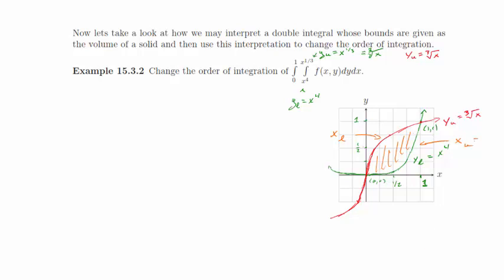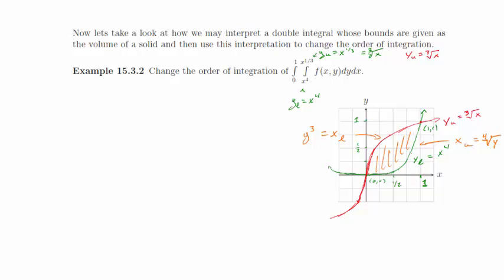And to do that, we solve for x in these, and so the red line was y equals cube root of x. That's the same thing as x equals y cubed. And for this one, y equals x to the fourth, that is going to be the fourth root of y when we solve for x here.